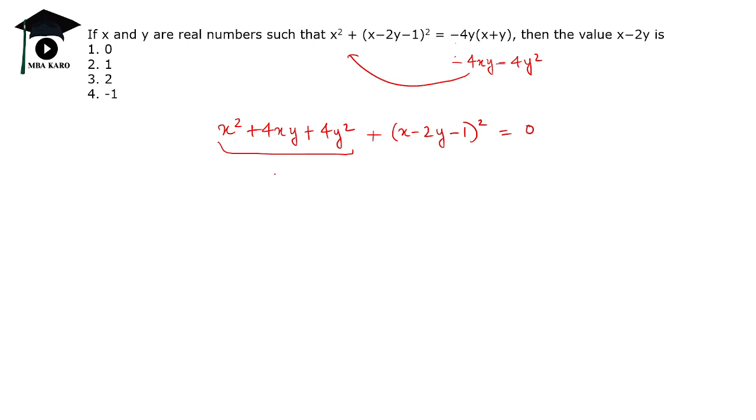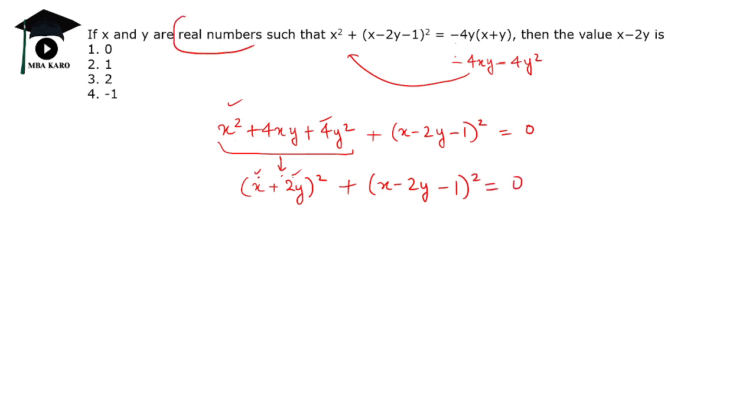Now if you notice this number, it is x plus 2y whole square, because x square, 4y square, 2 into x into 2y, so it is square of this. If you are able to form perfect squares using this thing, this question is done, and it is x minus 2y minus 1 equals to 0.